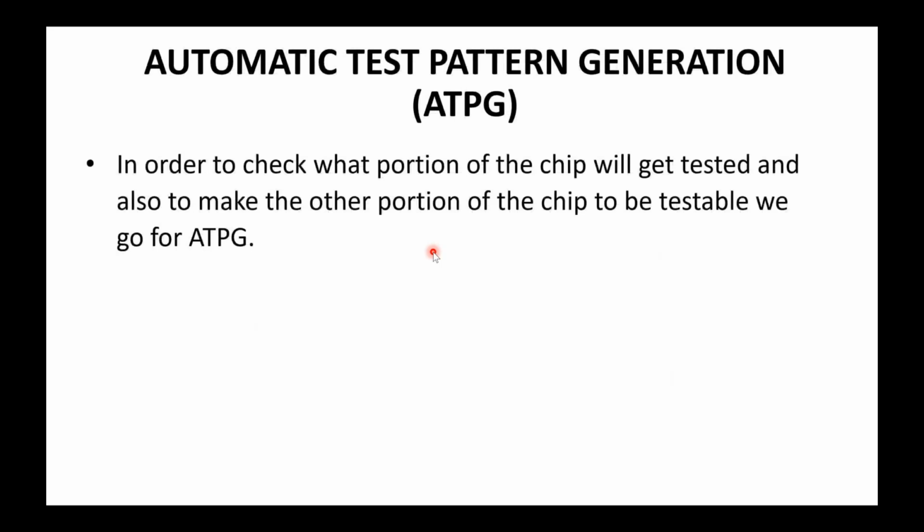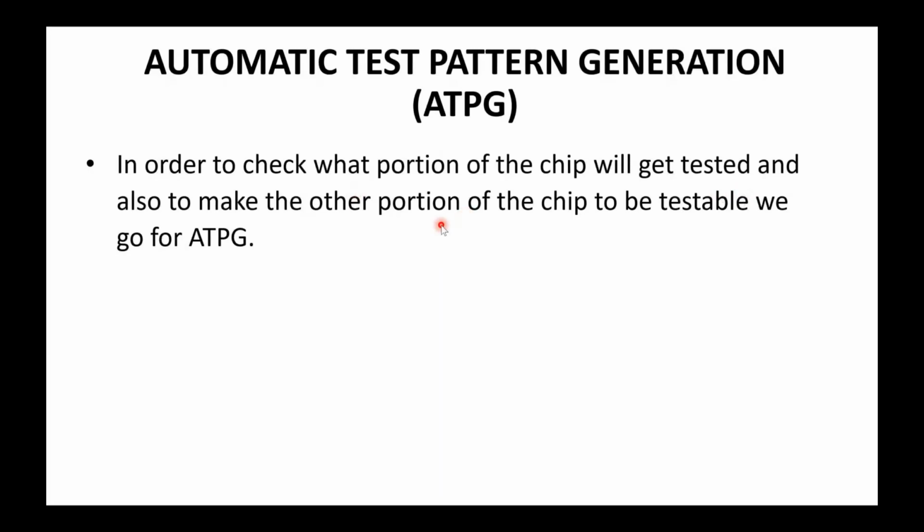Next is automatic test pattern generation. In automatic test pattern generation, we will be generating the test patterns. What basically happens here is that we need to check what portion of the chip will get tested, and to make the other portion of the chip testable, we go for ATPG.